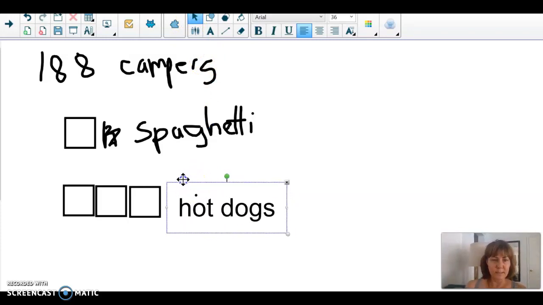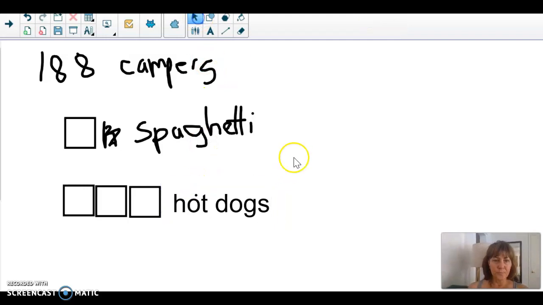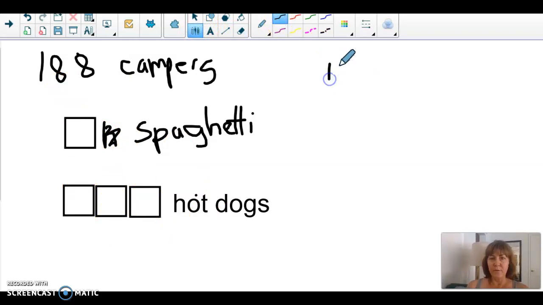That makes more sense. Okay, so 1 spaghetti, 3 times as many hot dogs. How much are each of these little boxes worth? I have 1, 2, 3, 4 boxes, so I'm going to divide that into 188. So I have 188 campers.